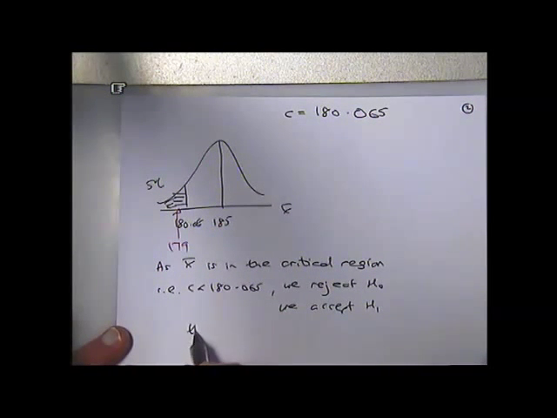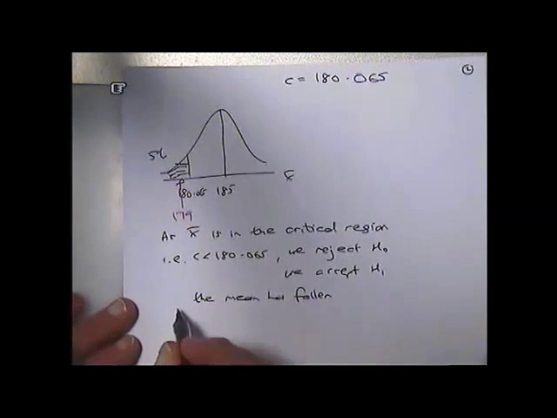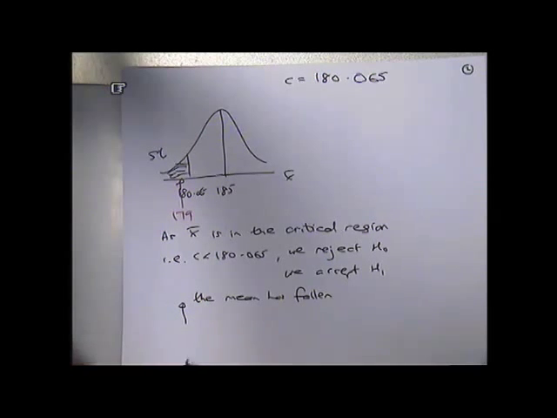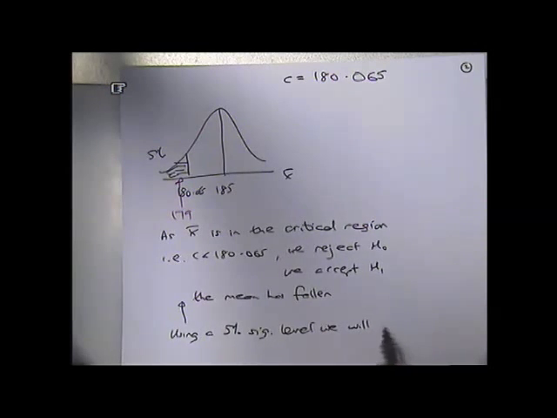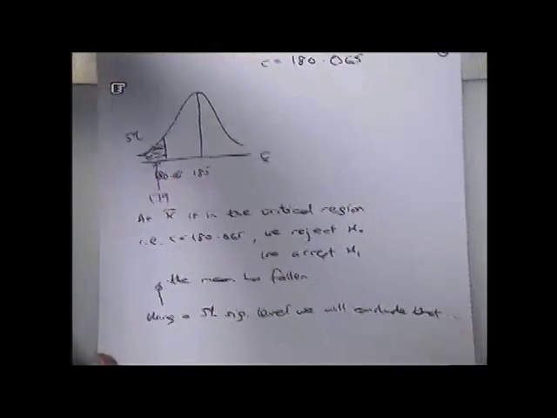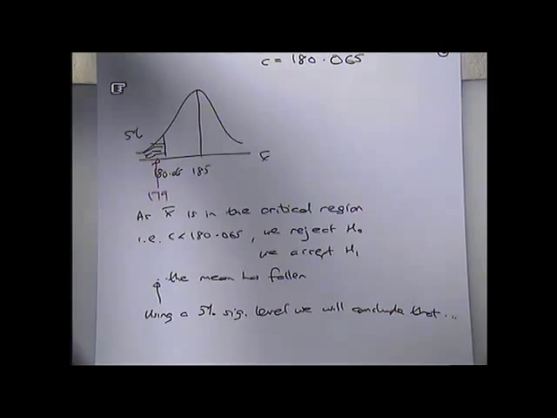The mean has fallen. If you wanted to give a really proper answer, we would say, using a 5% significance level, we will conclude that the mean has fallen, if you want to be really, really precise in your wording.